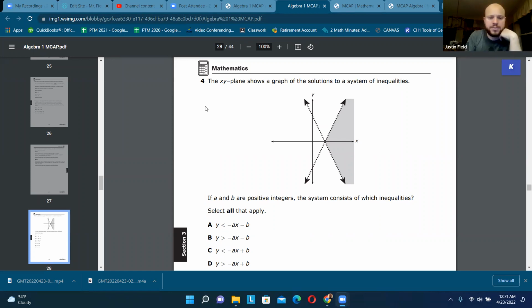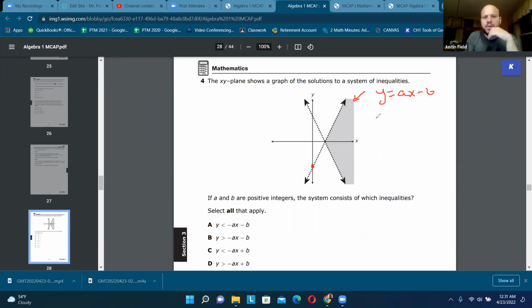Okay. So this graph has an intercept right here, and it has a positive slope. So AX, so B is a positive integer, so that means minus B, right?